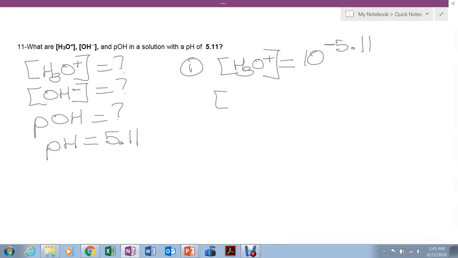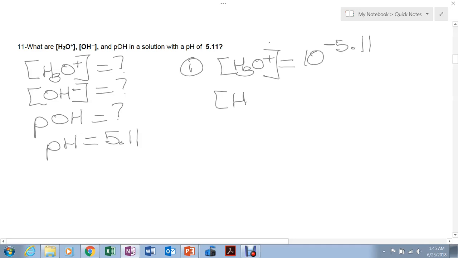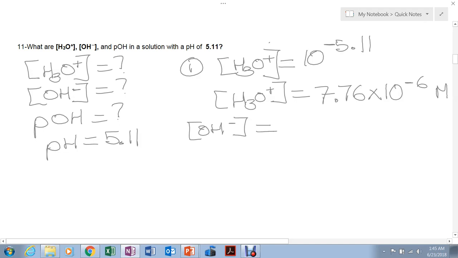That gives me 7.76 times 10 to the negative 6 molar. No, I didn't do 11 and 12. So the concentration of OH negative would be, because we want pOH, 1.0 by 10 to the negative 14.